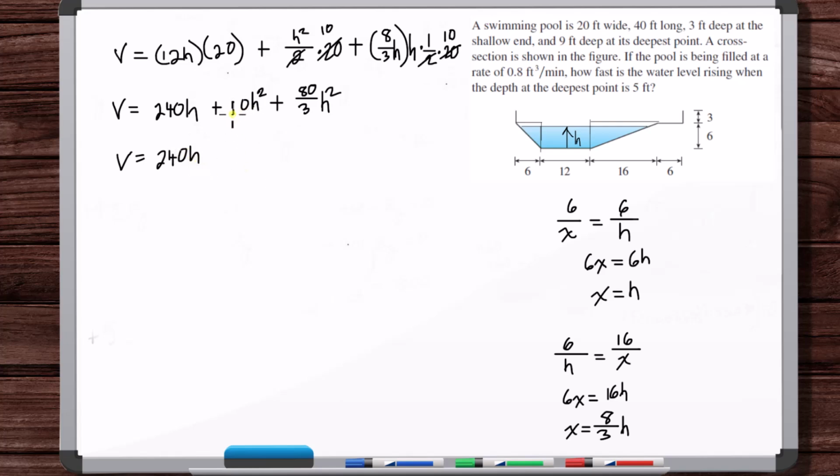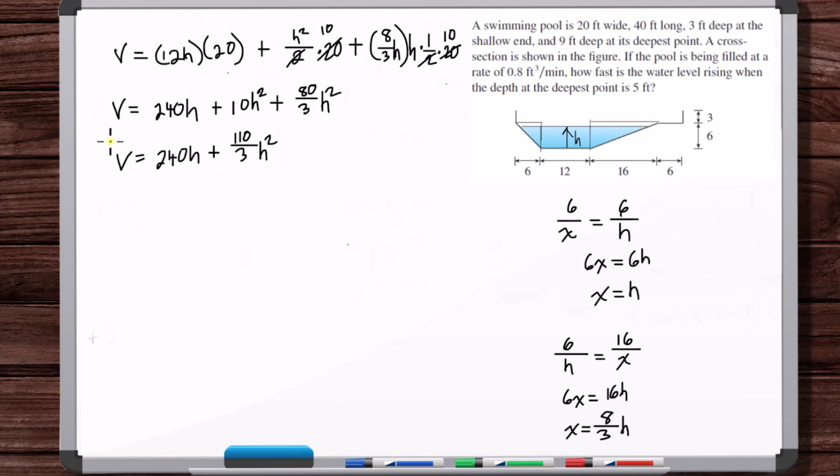This is 30 over 3, so 110 over 3 h squared, right? We just added these fractions. There we go. That's our formula relating the volume to the height.